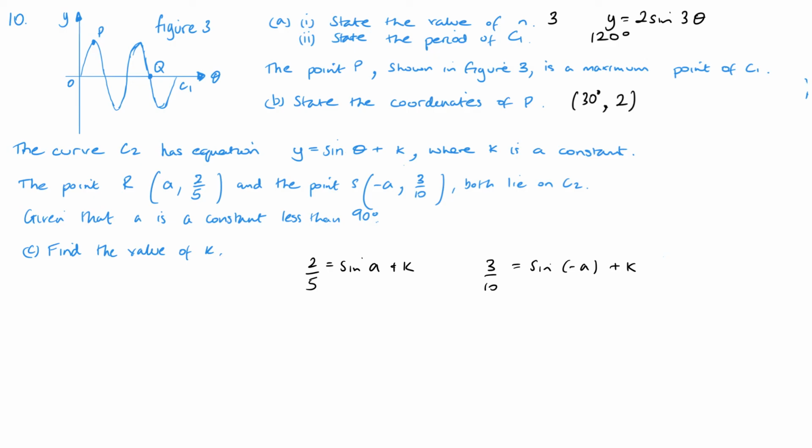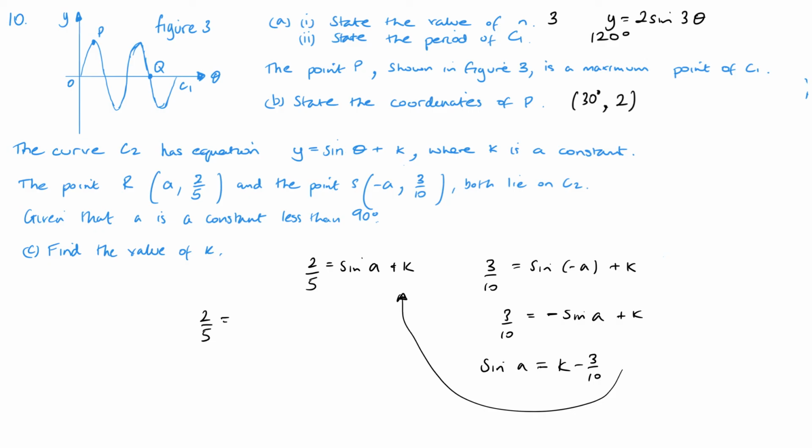And sine of minus a is the same as minus sine a. So that's what we've got. So sine a equals k minus 3/10. And if I stick that into here, hopefully we'll be able to work something out.